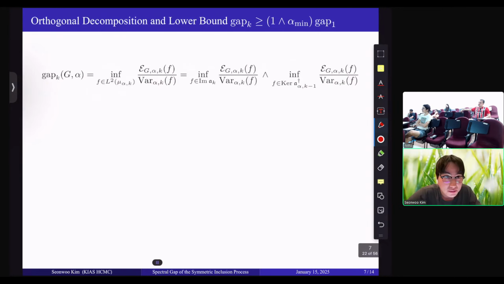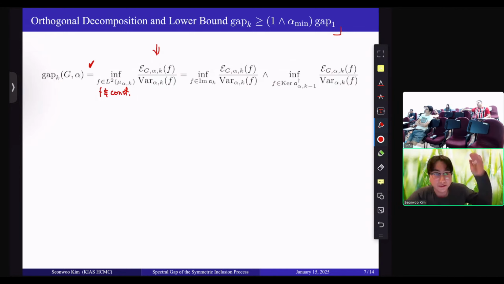And then the lower bound is slightly more complicated. We start with this very famous variational representation. Every spectral gap is the infimum over all L2 functions of the ratio of a Dirichlet form and the variance. Actually we have to exclude the constant functions, but we just ignore it.